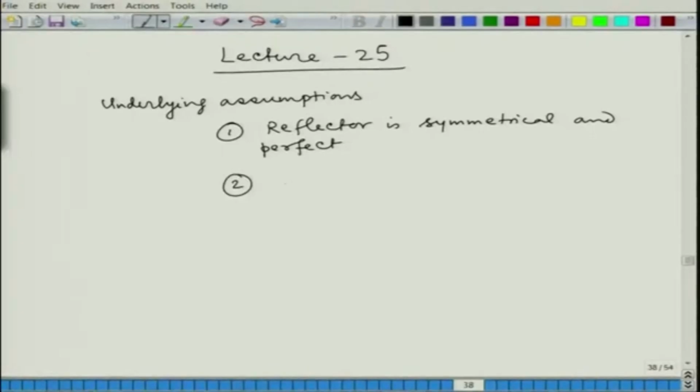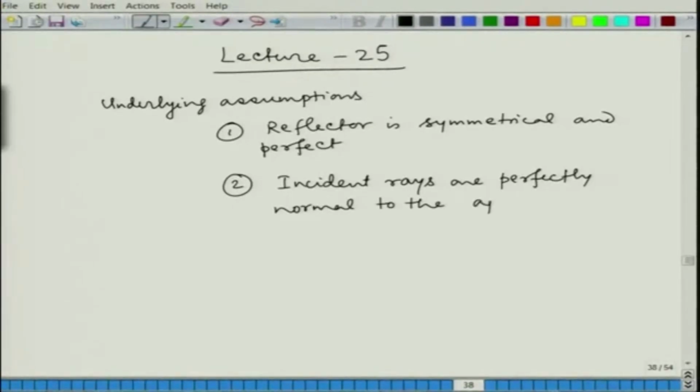And the second assumption is that the incident rays are perfectly normal or perpendicular to the aperture plane. When is this assumption true? When we have a tracking system which is perfect. So, this means the tracking is perfect.